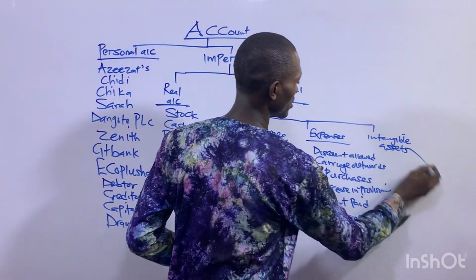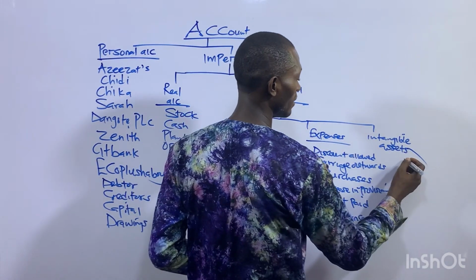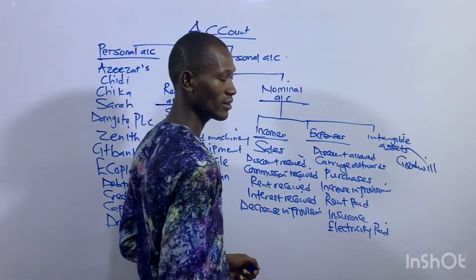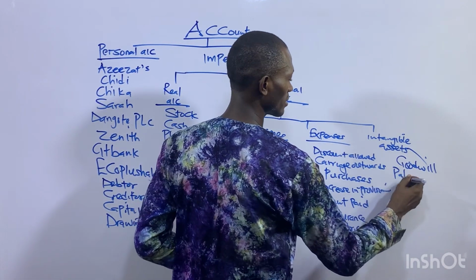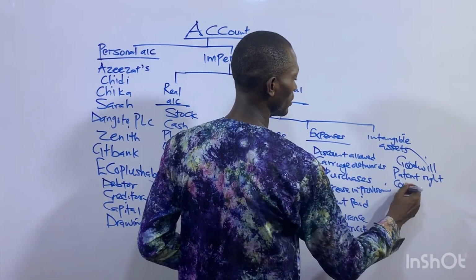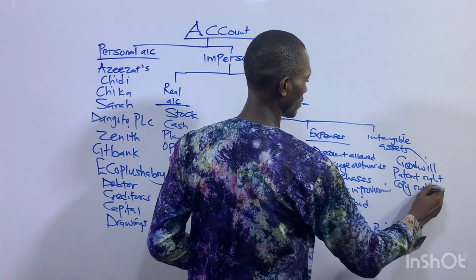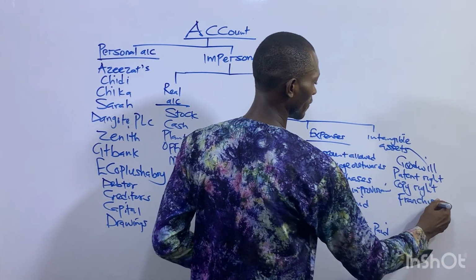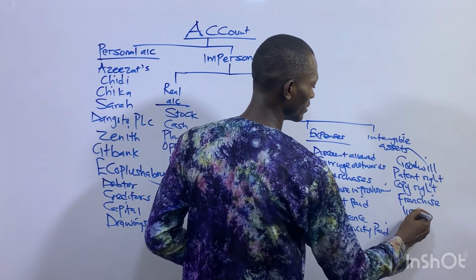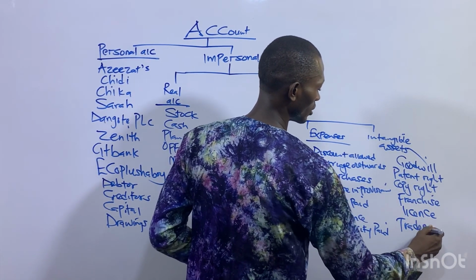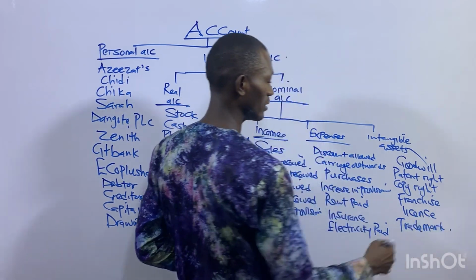Then the last but not least, which is intangible asset. Then we have goodwill. Goodwill is an example of intangible assets. Then we have patent rights, copyrights, franchise, license, trademark, and the list is endless.